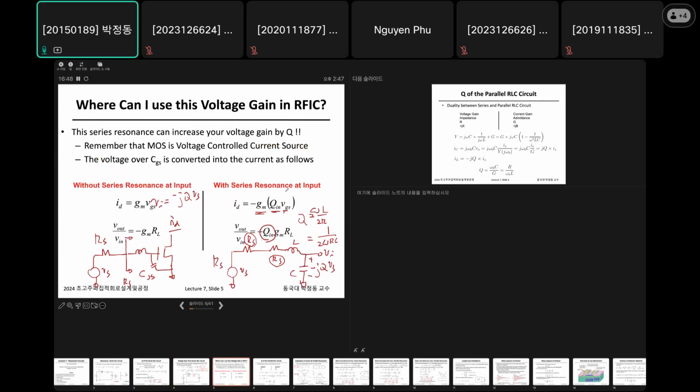So therefore, how can we get the advantage of resonance in MOSFET-based amplifier design? It's something like this, right? What is Q over here?